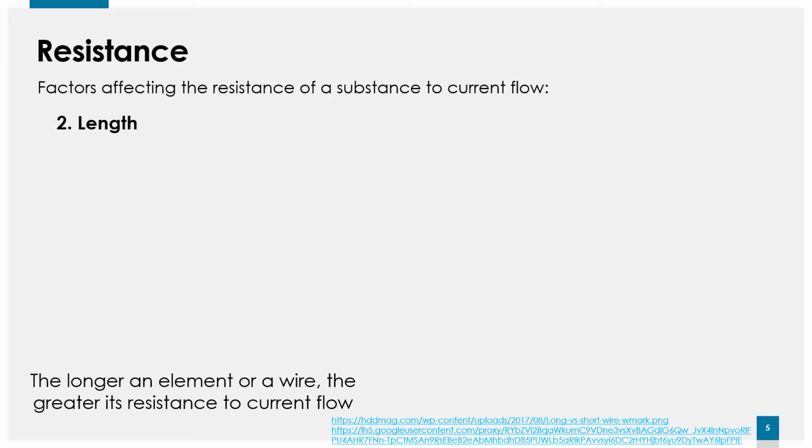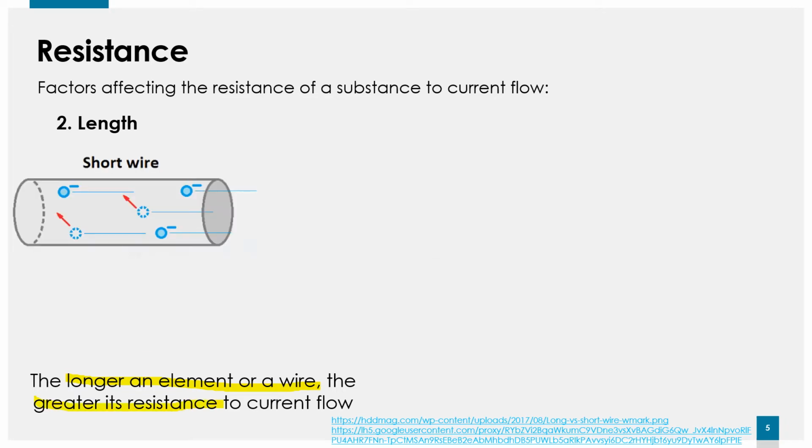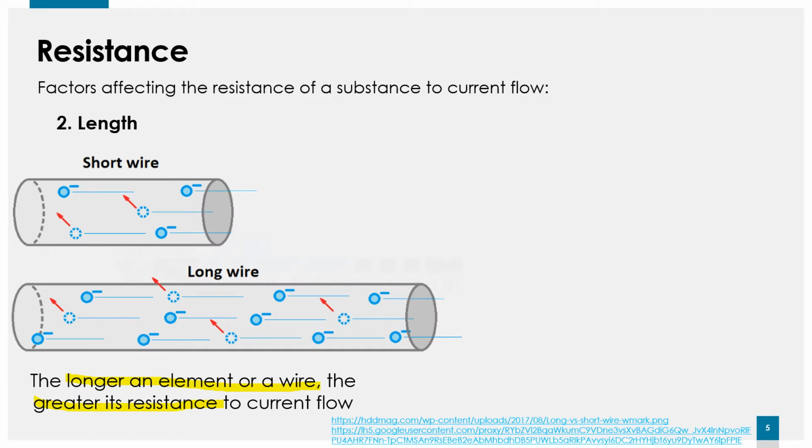The longer an element or a wire, the greater its resistance for current to flow. So this is logical. For example, if I have a long wire, I have more space for this current to flow.